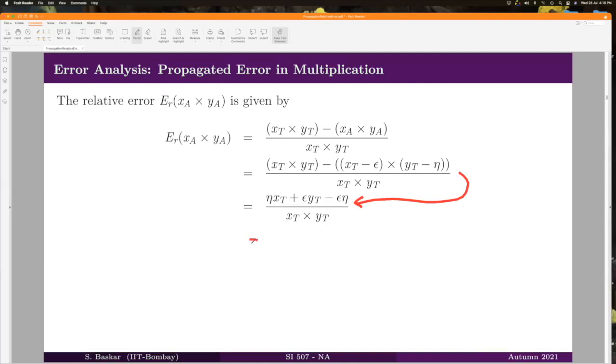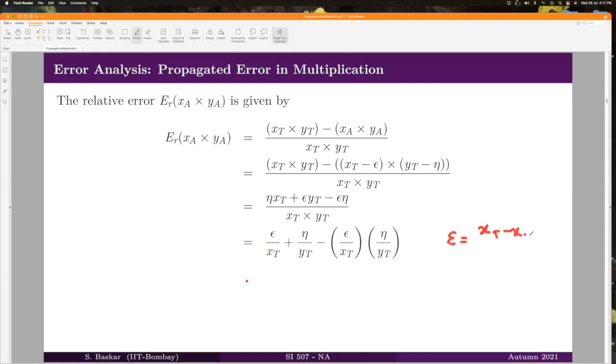And from here, you can simplify this expression to get this. Now you see, this can be written as epsilon by xt plus eta by yt minus epsilon by xt into eta by yt, right? And remember, epsilon is equal to xt minus xa. Therefore, epsilon divided by xt is nothing but xt minus xa divided by xt.